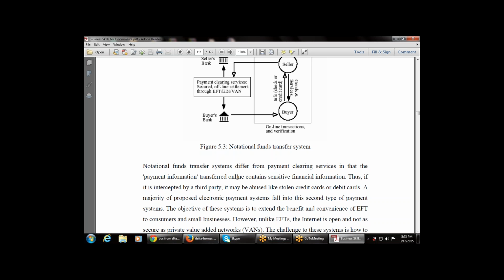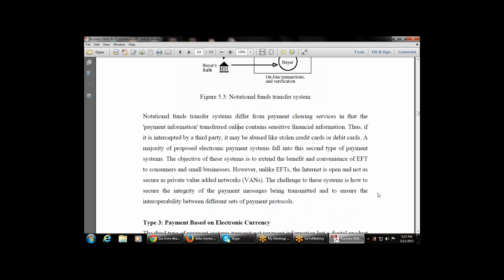So the objective of this system is to extend the benefit and convenience of EFT to consumers and small businesses. However, unlike EFT, the internet is open and not as secure as a private value added network.